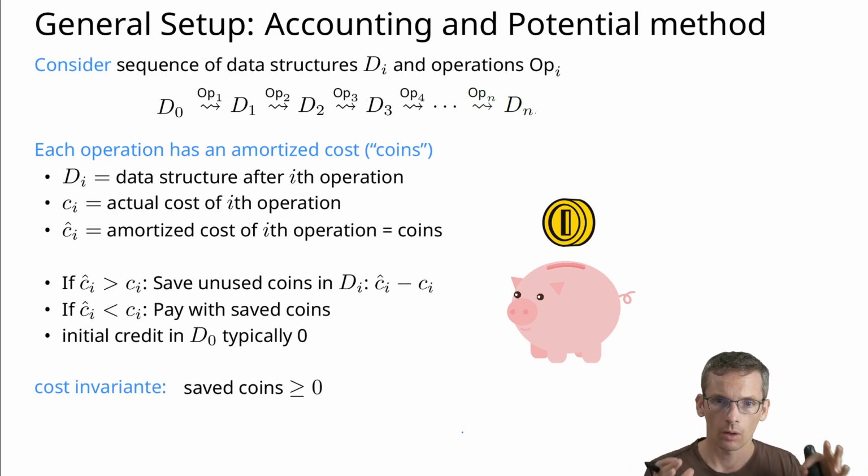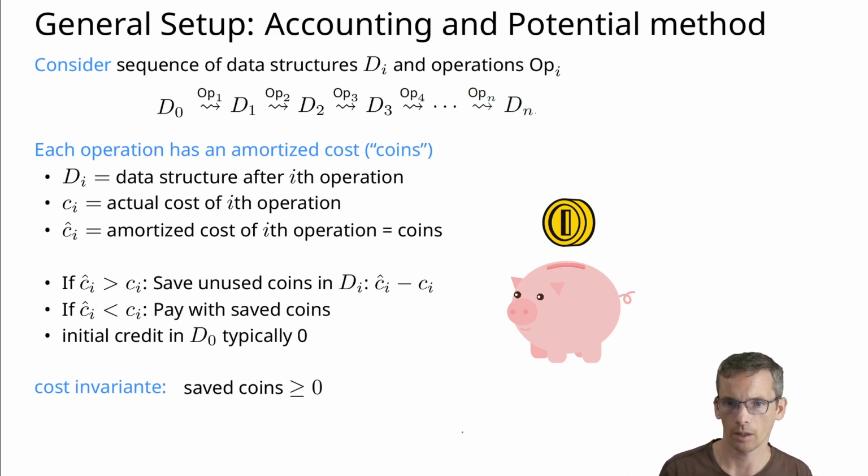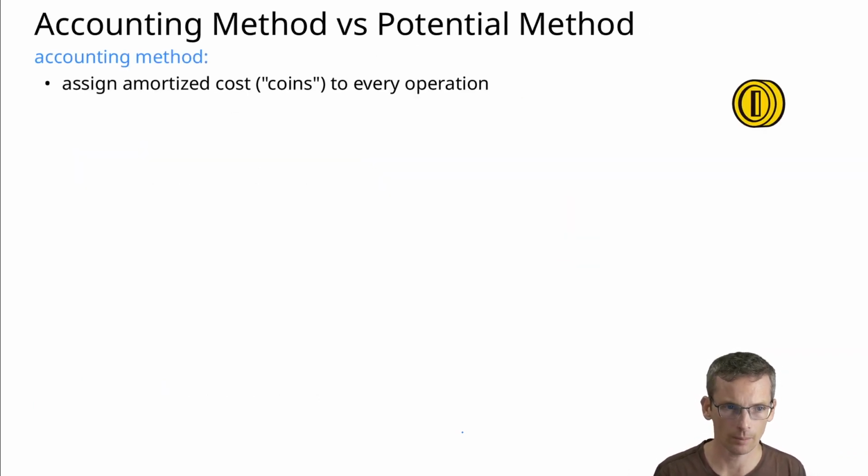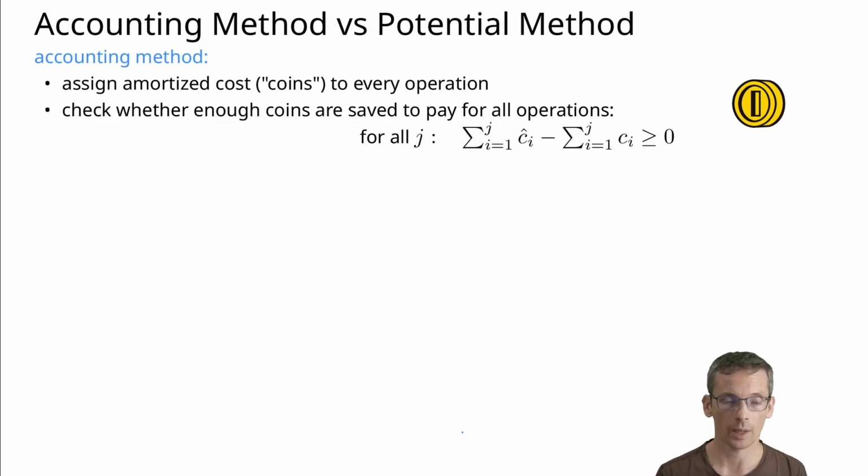Now, how does the potential method differ from the accounting method? What we did in the accounting method was, for every operation, we assigned an amortized cost. So we decided what the amortized cost of this operation is. And then with those amortized costs, which we had set, we had to check whether the invariant that we have enough coins to pay is maintained.